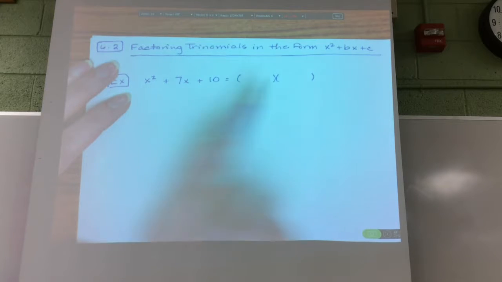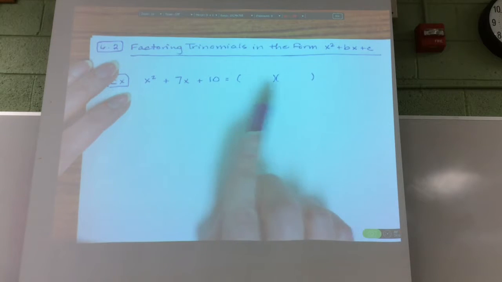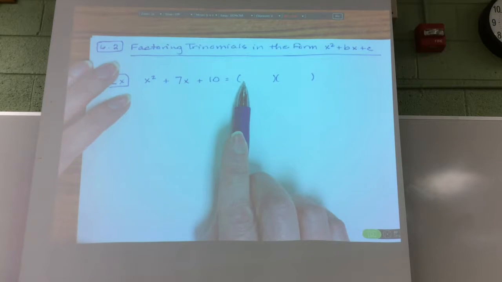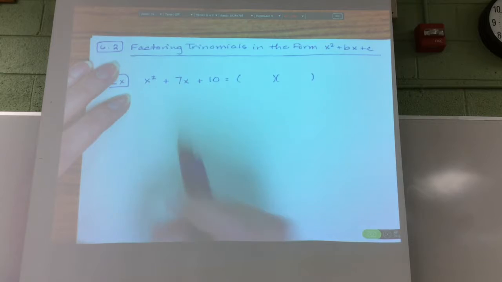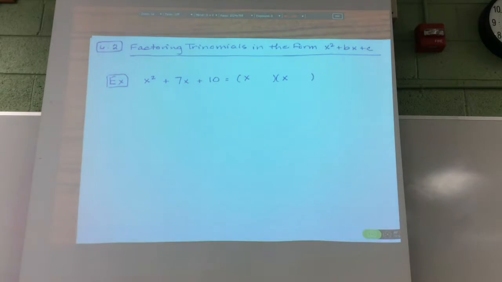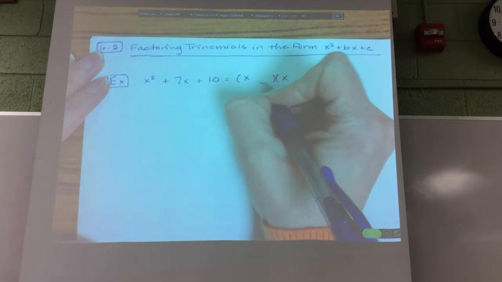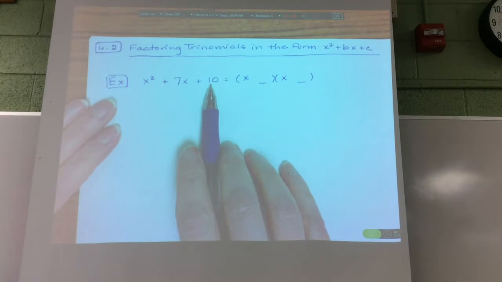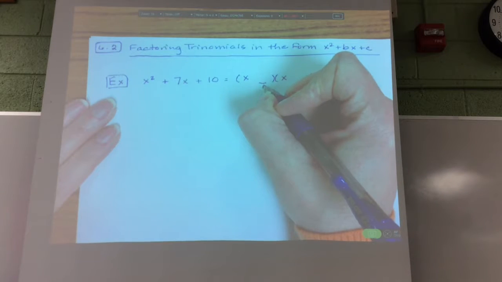When I am FOILing, what's here and here, remember those are my firsts? So what's here and what's here need to multiply to be x squared. So they're always going to be x and x. Now, what goes here and here are my lasts. We need those to multiply to 10, and they have to add to 7.